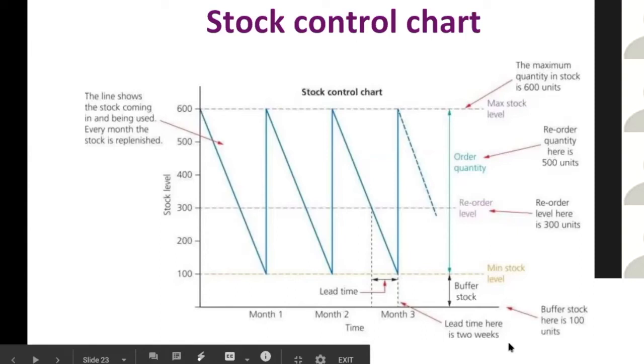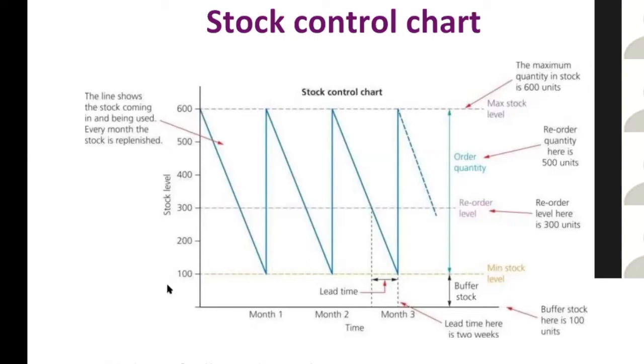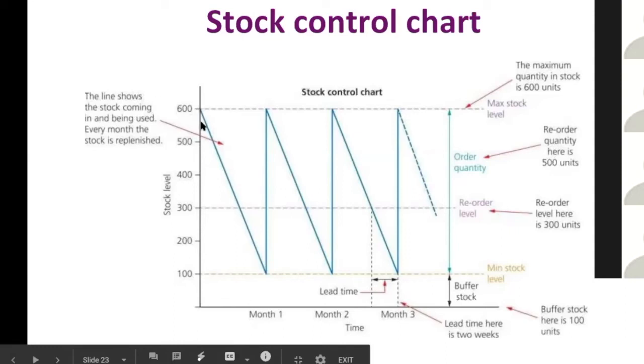Yes. Yes. Before I move on, just quickly, on the stock level and on the time, every company is using different measurements. For this particular company, they use 100 up to 600, but for other companies, they might use 1,000 up to 10,000. They might use every week if they want to monitor their stock very closely.